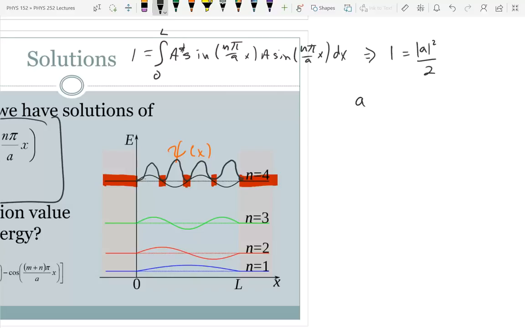And so that means that A is equal to, and I put plus or minus, well, I didn't put plus or minus, just put square root of 2, no, I'm sorry.